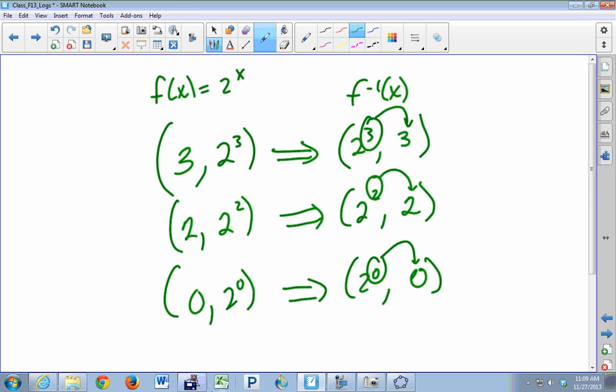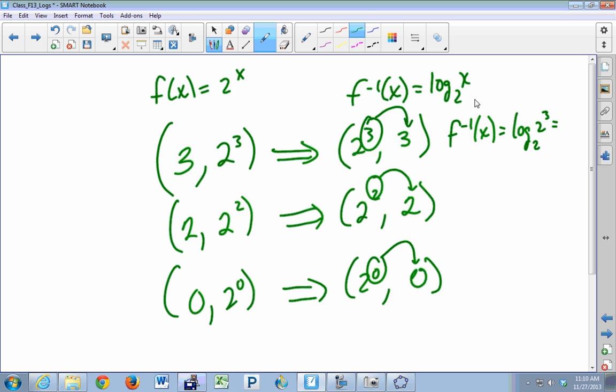So whatever you put into your inverse function, which we are now going to call our log function, this is called log base 2 of x. So let's write now what it looks like. F inverse of x. What am I putting in? I'm putting in 2 to the third. What's my answer?